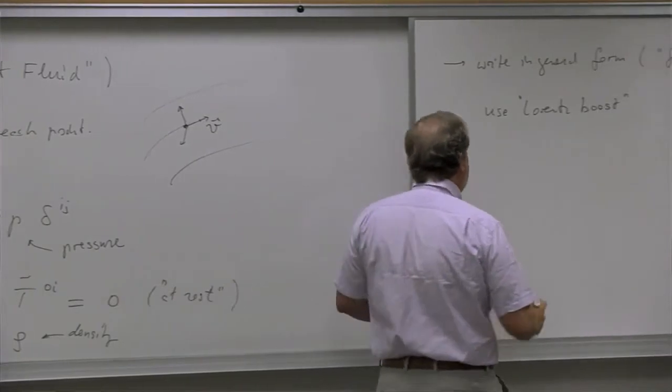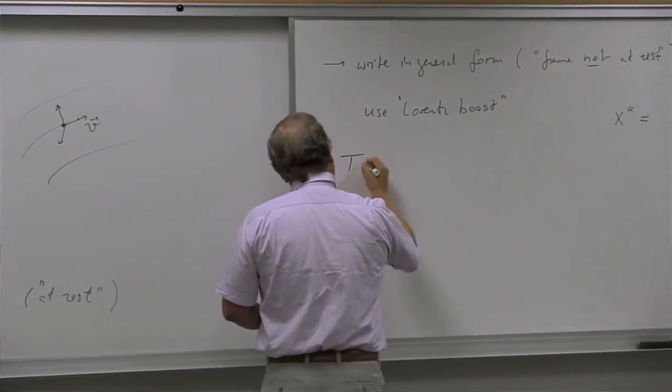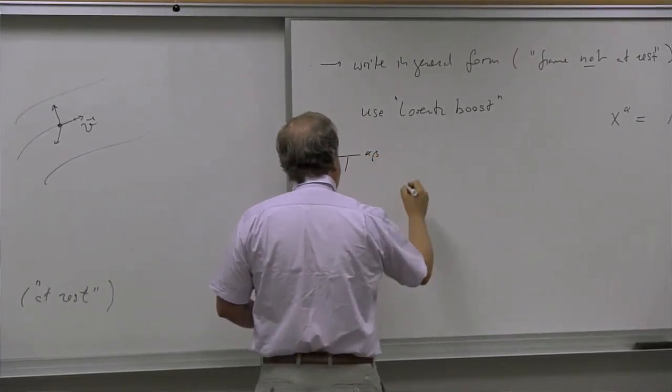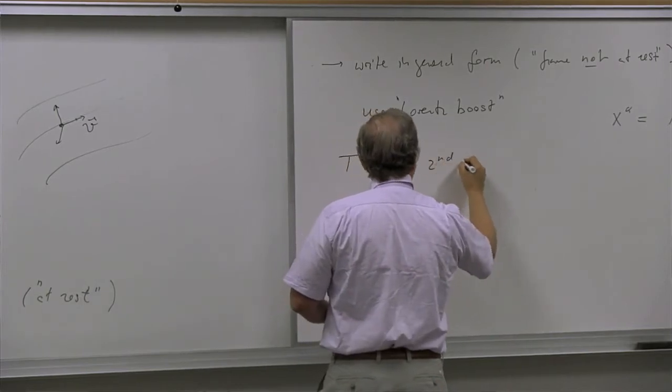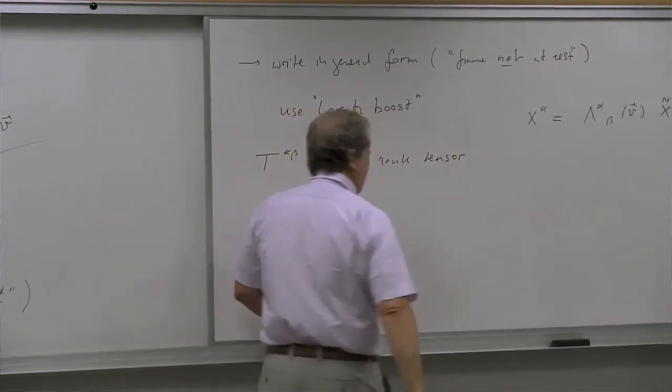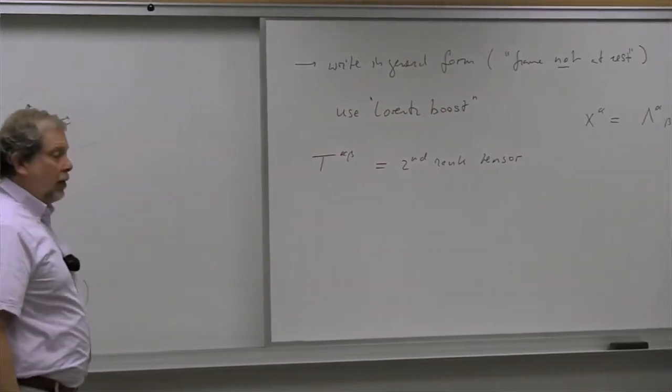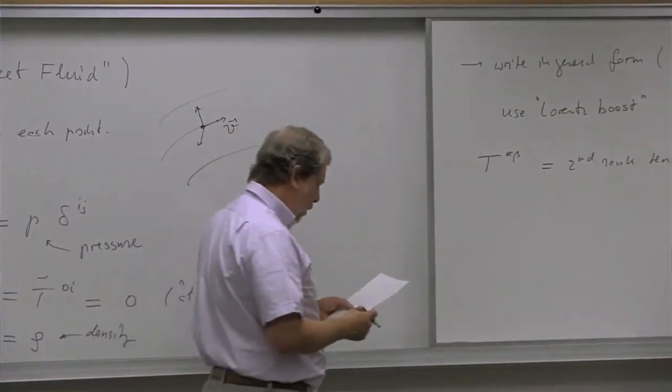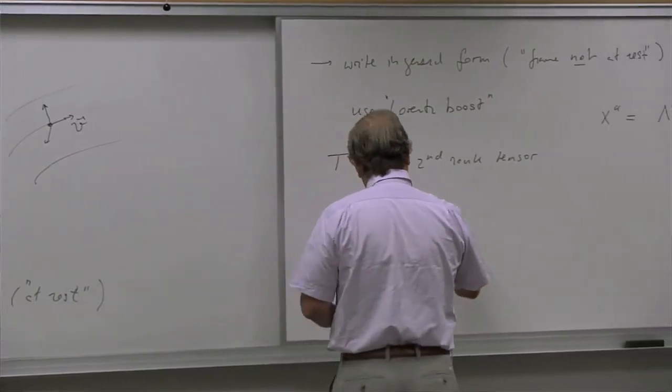Right? So now in our case, the issue is that T alpha beta is a second rank tensor. So that means that we have to have two of those lambda matrices entering into the Lorentz transformation property.